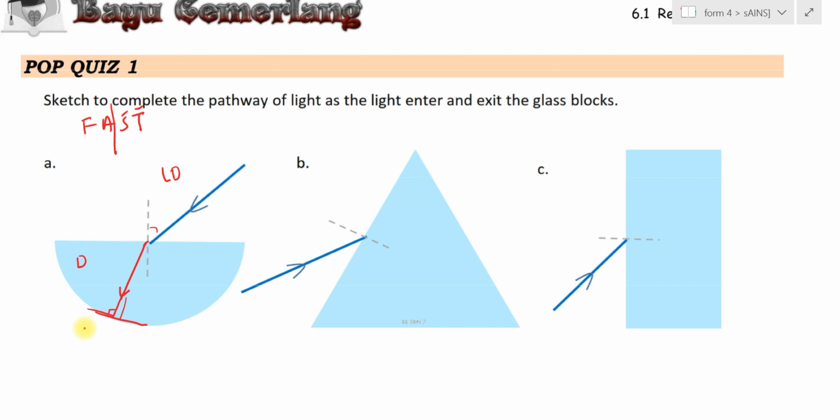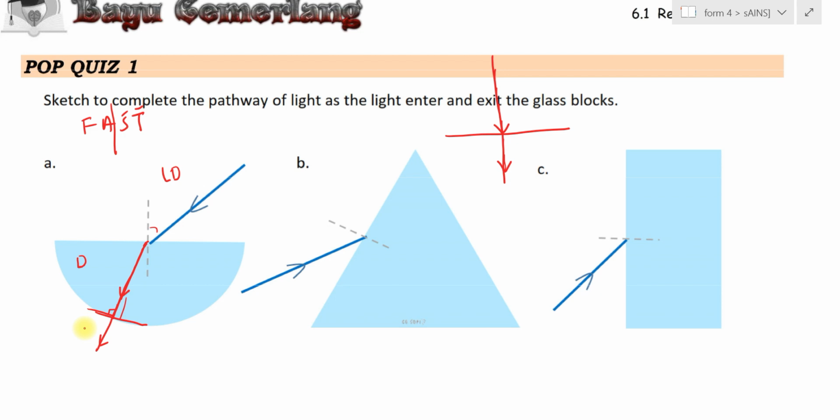Dia ni memang 90 degree. Kalau 90 degree tak boleh refract, dia terus masuk. Macam tu je. Okay. Maksud saya, kalau you punya plane macam ni normal kamu. Katakan exactly 90 degree you come, you cannot refract. It will straight go down like that. So, line yang kita terbengkok ni, dia memang 90 degree bagi tangent yang ni. Jadi, dia akan terus turun bawah.